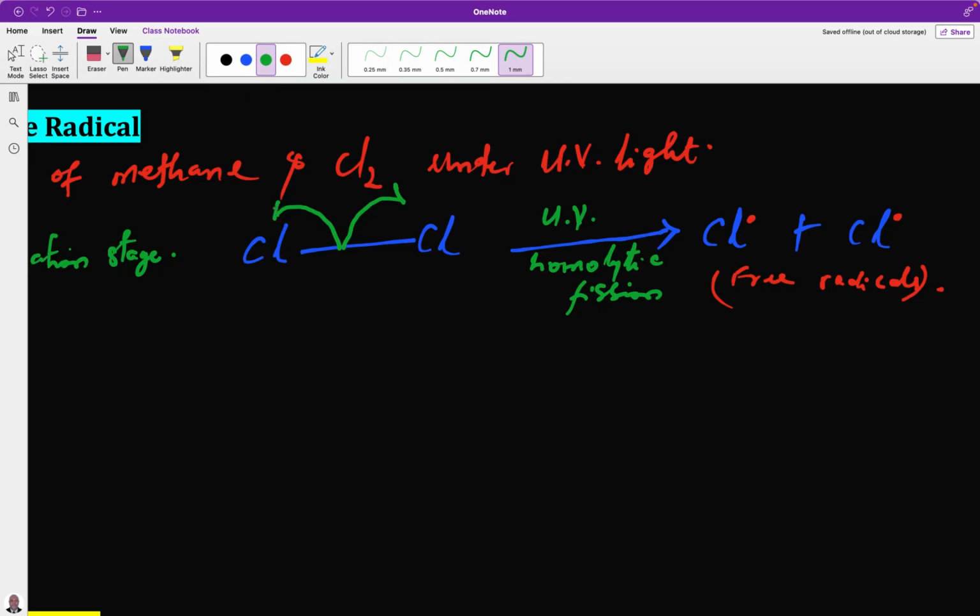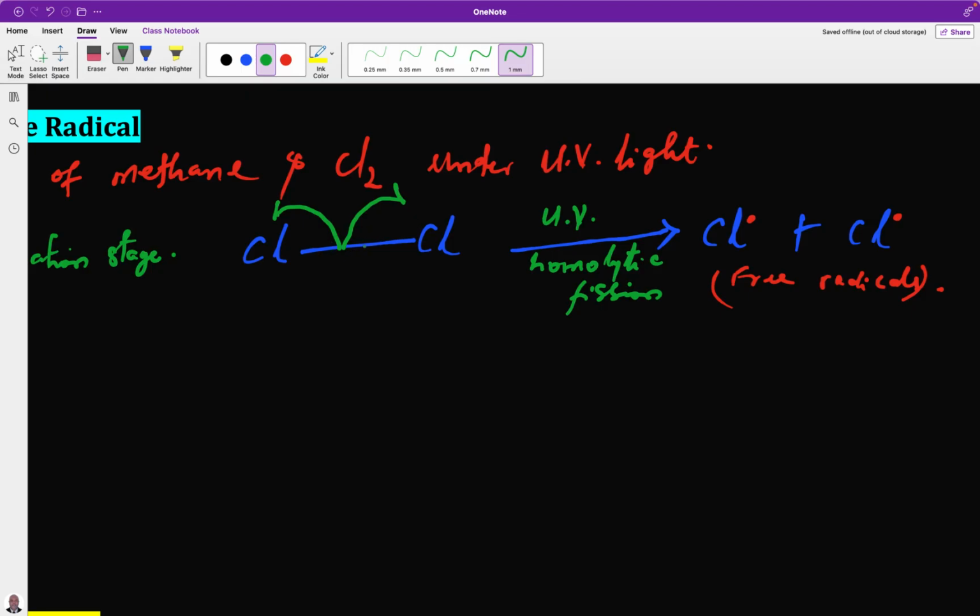I told you in our last video, it is not double-headed. It's just half, to indicate that this pair of electrons used for bonding here is divided into two. One electron comes here and it is represented by half of this head, and one electron comes here and it is represented by half of this head.